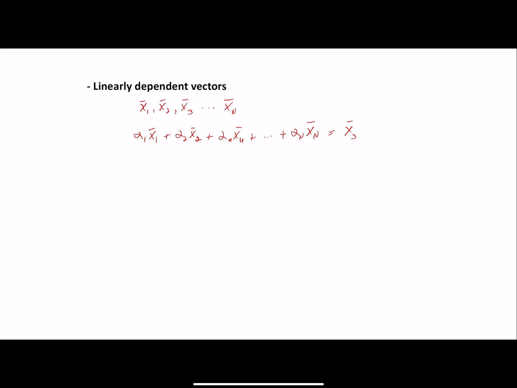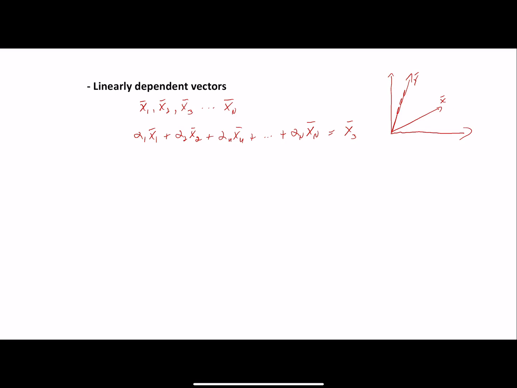This is good to understand graphically as well, so let's draw again two vectors in 2 dimensions. So let's say we have vector y here, and here we have vector x. If we only have these two vectors, we can talk about x being linearly independent of y, or vice versa.